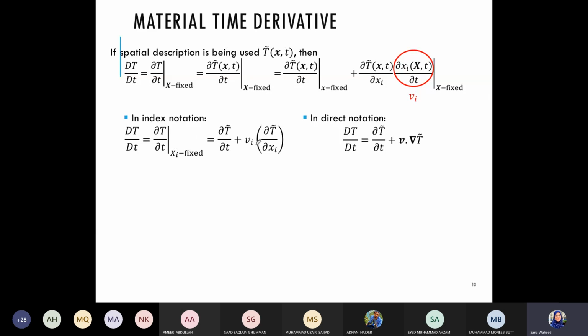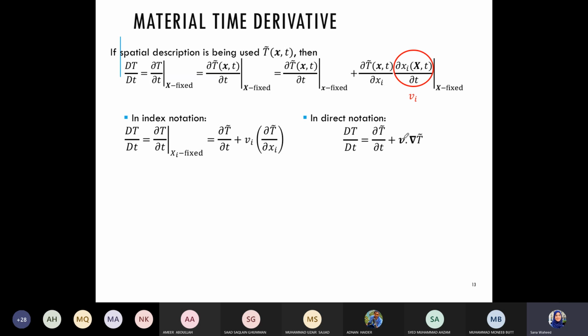And if you notice, i is the dummy index, and this is actually reducing the order of the tensor multiplication such that this is the dot product. So it's v dot del of T, which is pretty important, right?